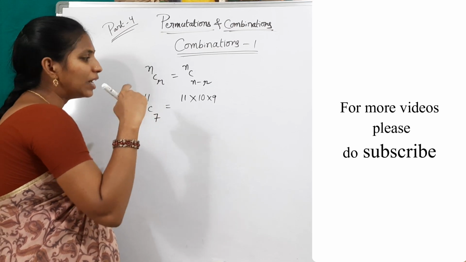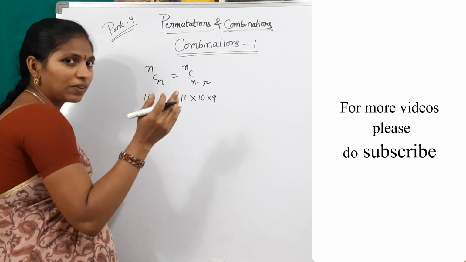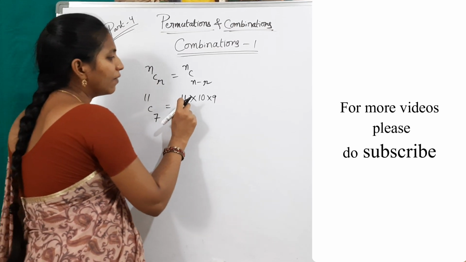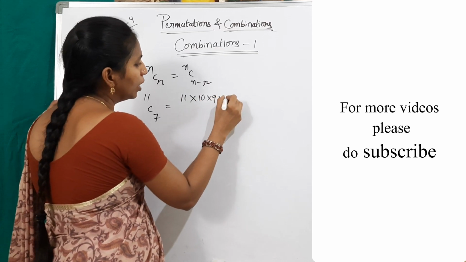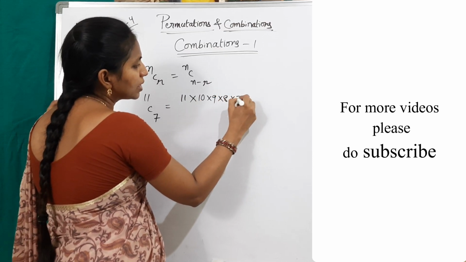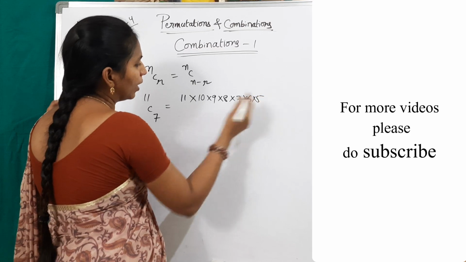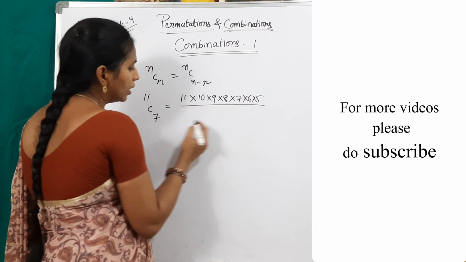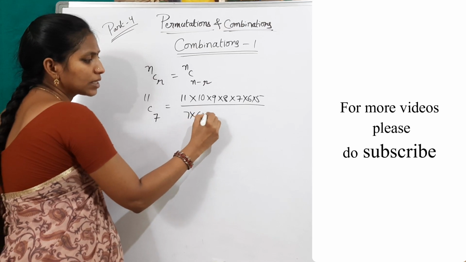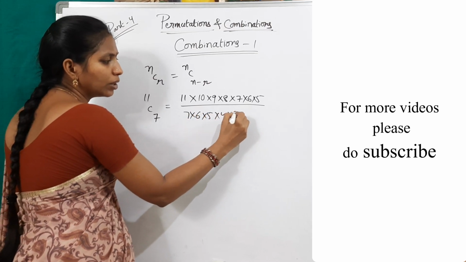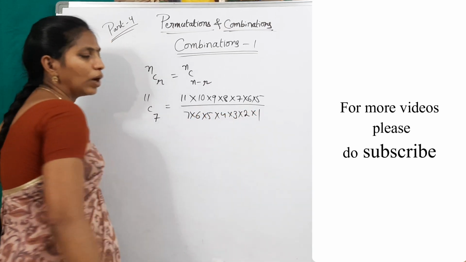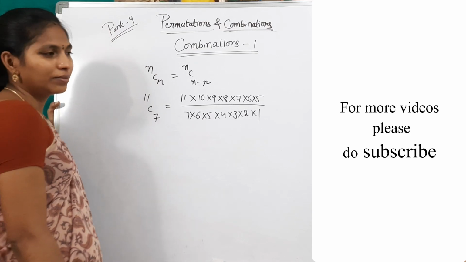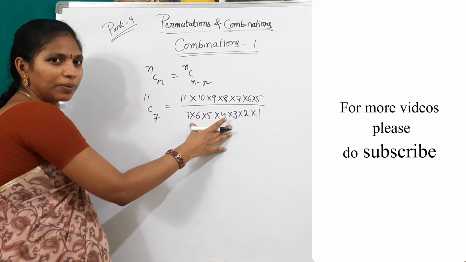Up to 7 numbers, not up to 7. 11 into 10 into 9 into 8 into 7 into 6 into 5, that is 7 numbers. Then in the denominator 7 into 6 into 5 into 4 into 3 into 2 into 1. This is very time consuming.